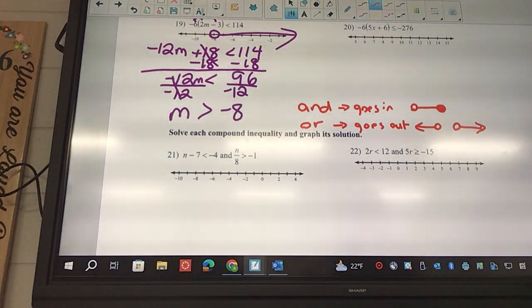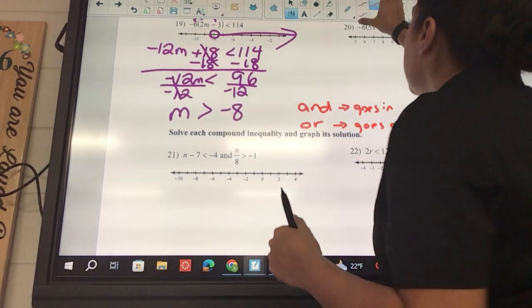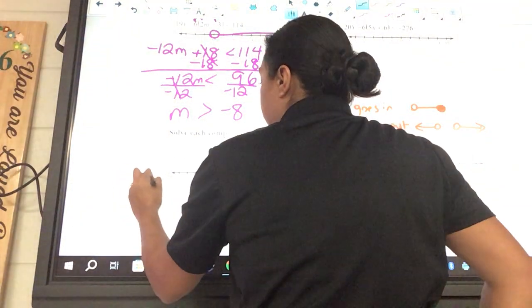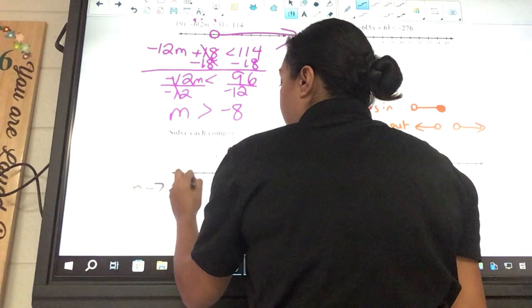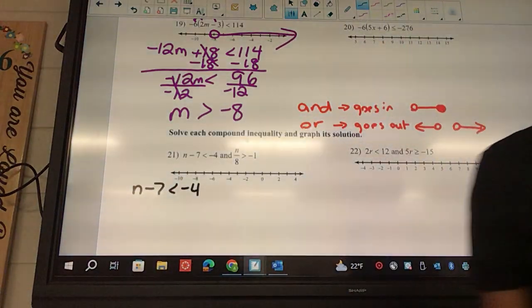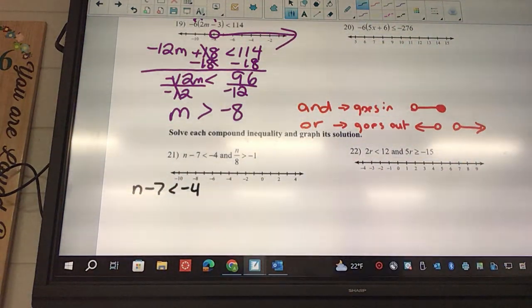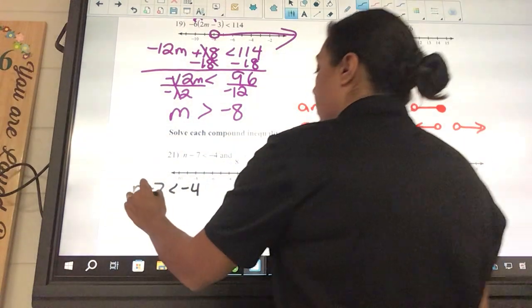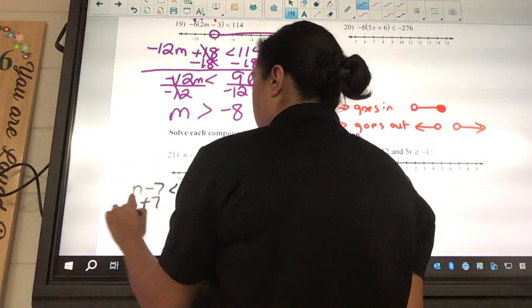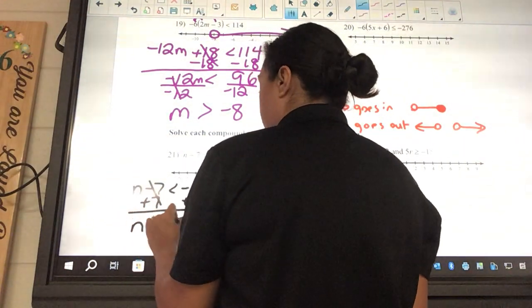So if we're looking at the very first one, we're taking these two equations separately. So I got n minus 7 and a negative 4. Okay, so how do I solve that one? Plus 7 on both sides. That's gonna give me a 3.